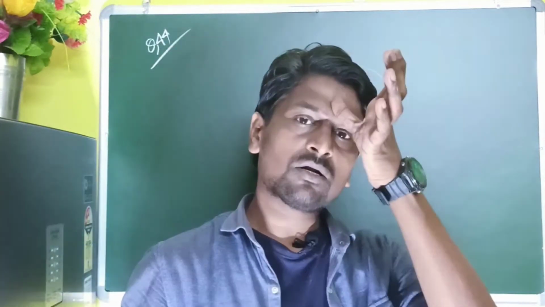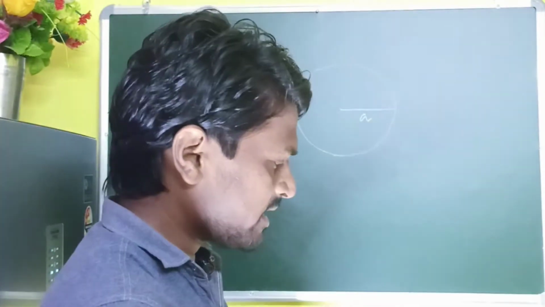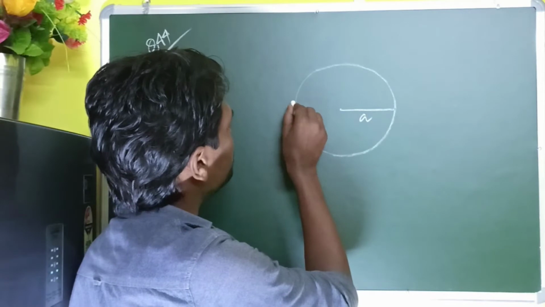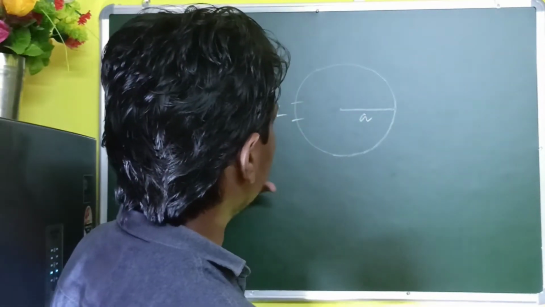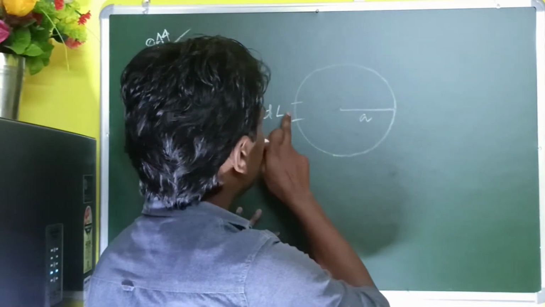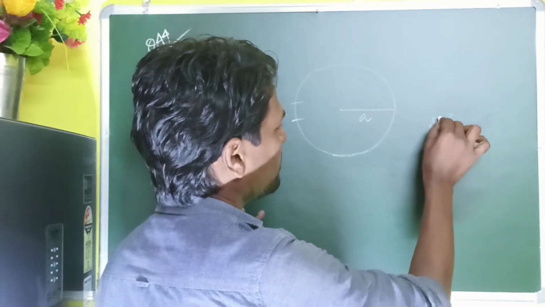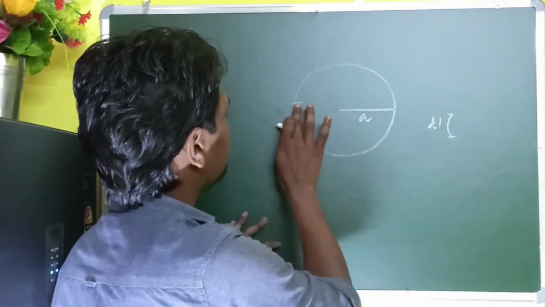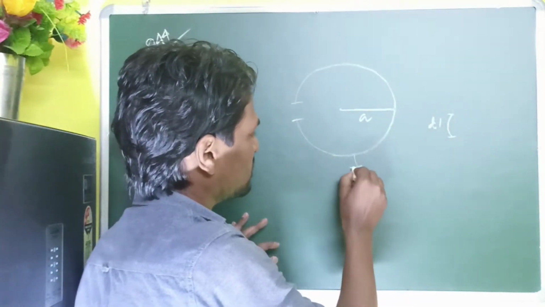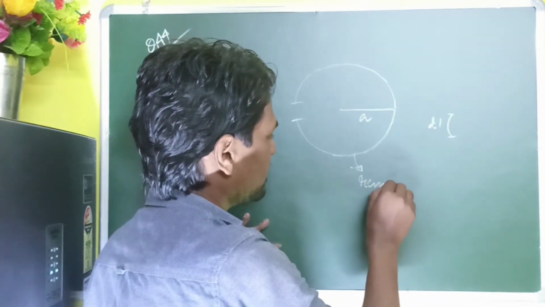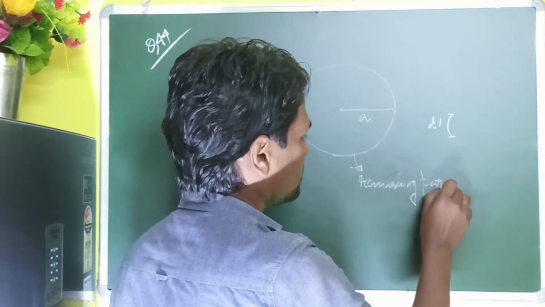The radius of the circular loop is a, and you have to cut a small portion, that is dl, from here. So this is the dl portion, and this is the remaining portion, the remaining part of it.